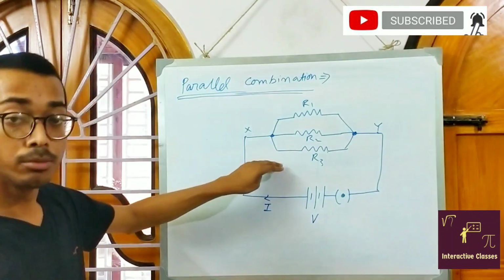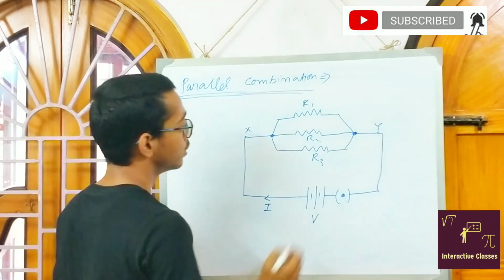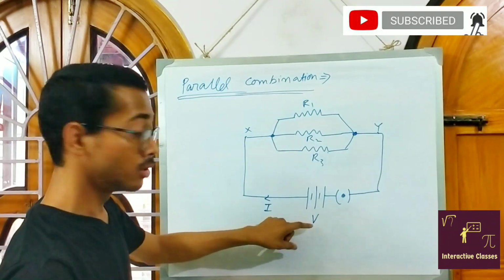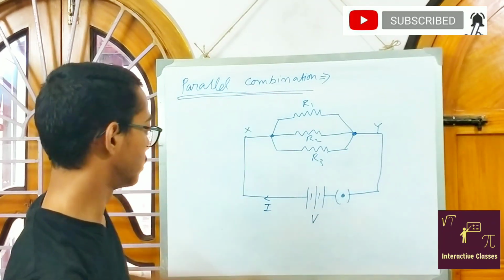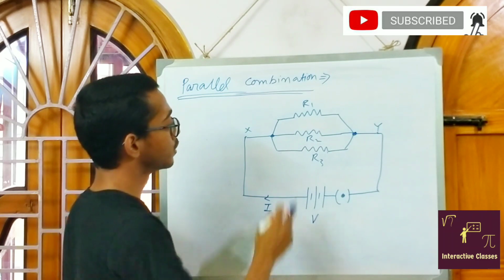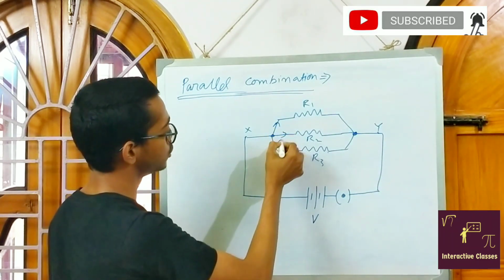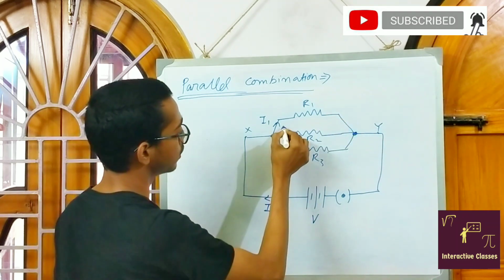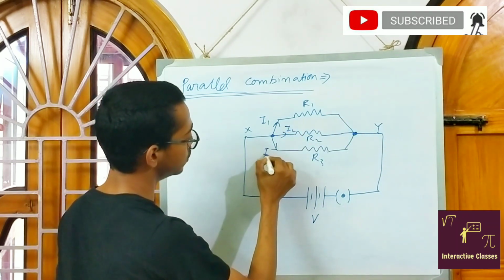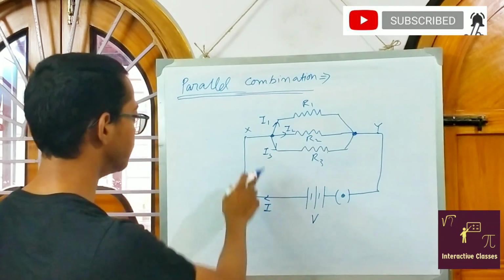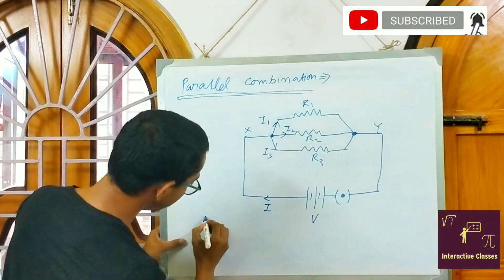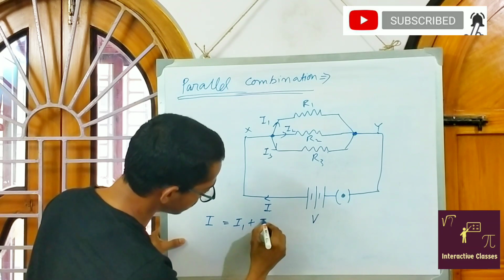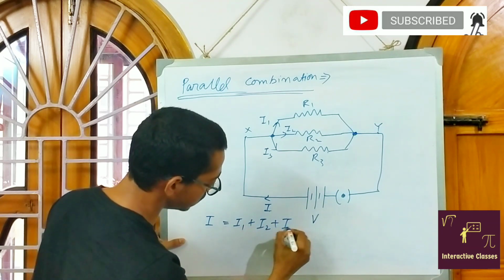In parallel combination, the voltage across the resistances remains the same, that is V is constant, but the current I gets divided into these three channels. The current through this R1 is I1, through this is I2, and through this is I3. So I is equal to I1 plus I2 plus I3.